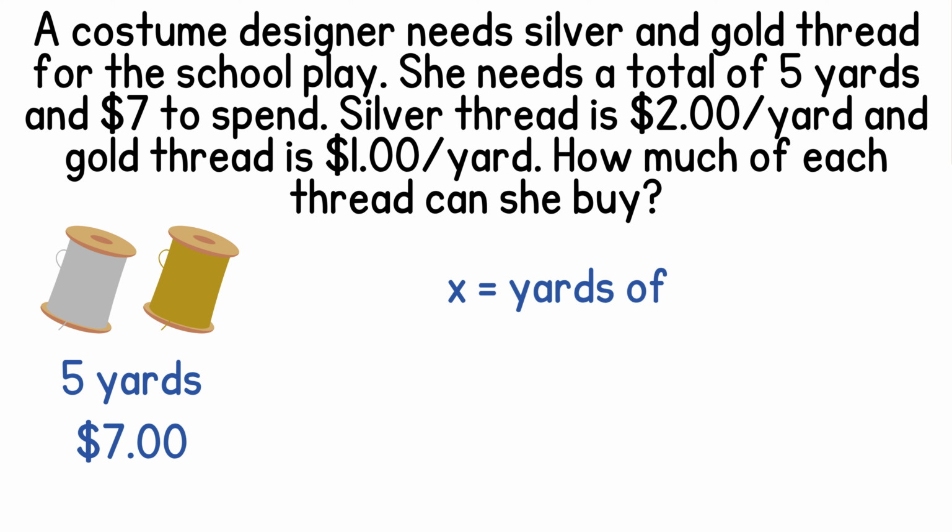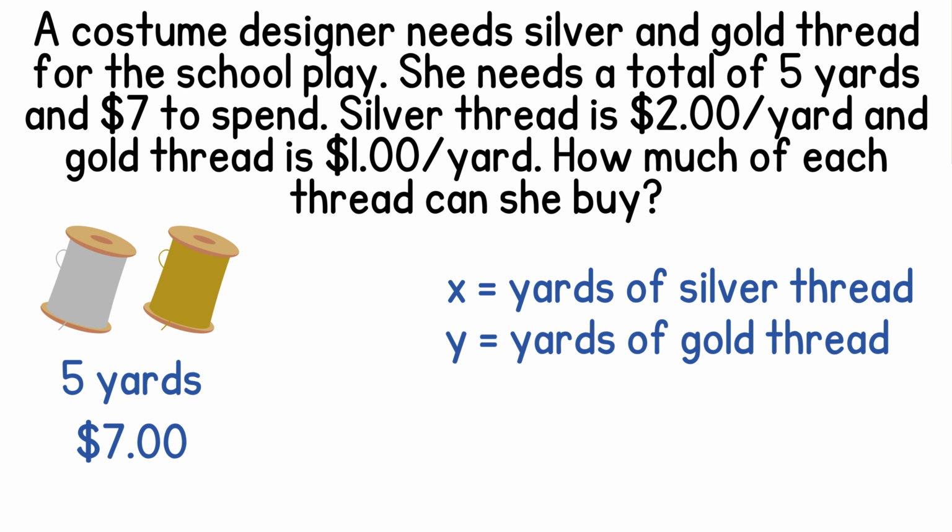We'll start by labeling our variables. We'll call X the yards of silver thread and Y the yards of gold thread. Since we know that she wants to buy 5 yards, our first equation would be X plus Y equals 5, since X represents the silver thread and Y represents the gold thread.